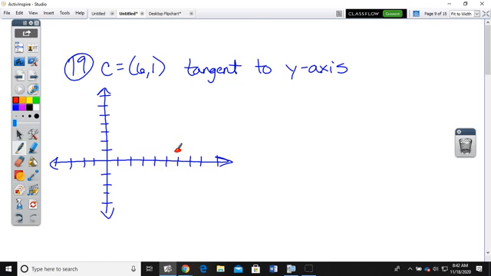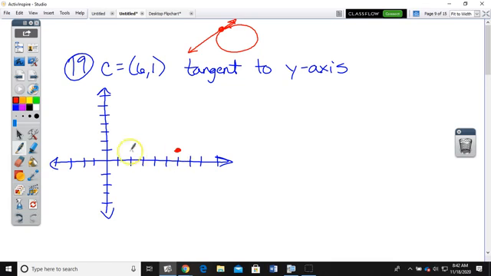It says it is tangent to which axis? The y-axis. So, what does tangent mean? Tangent's when you have a circle and a segment, like we talked about yesterday, and it only touches in one point. So my circle is touching the y-axis in one point.